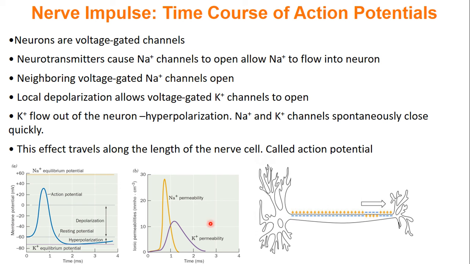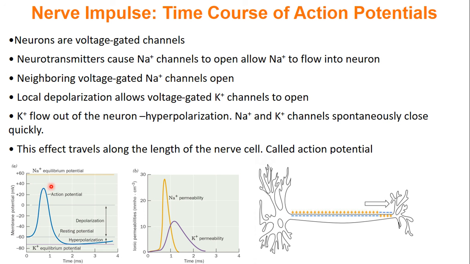We can look at this with a couple of graphs. Here we're looking first at the membrane. On the inside of the cell it is negative, right? Our sodium channel opens, sodium goes in, and the inside of your cell at that area now becomes positive.